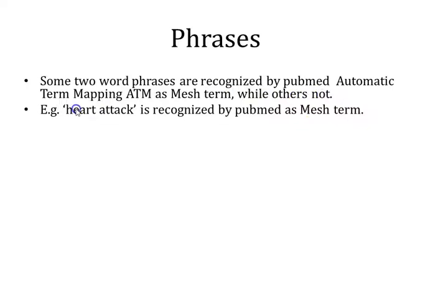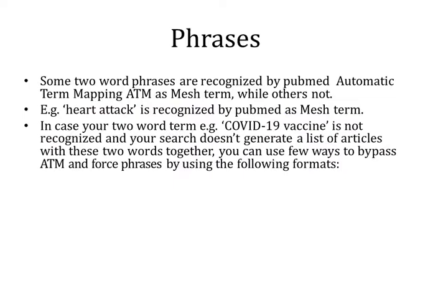For example, the phrase heart attack is recognized by PubMed as a MeSH term, and the phrase COVID-19 vaccine is not recognized as yet by PubMed as a MeSH term.